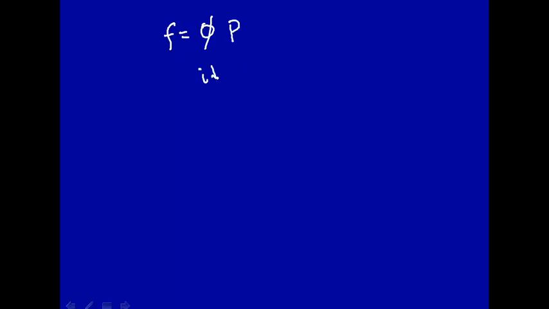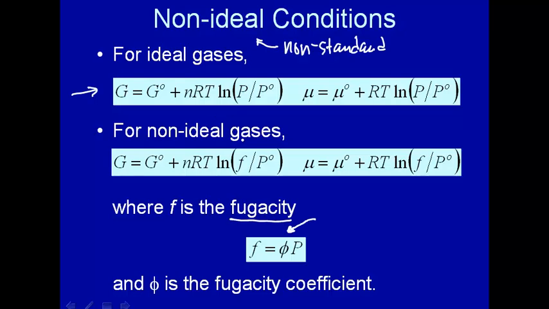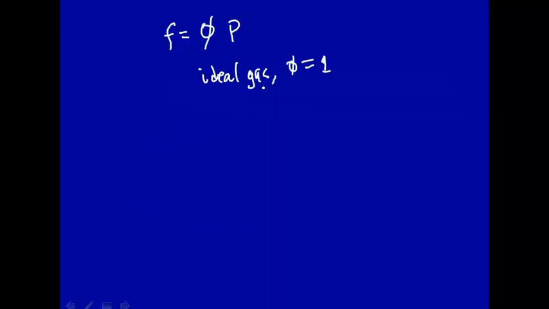Now for an ideal gas, of course, the fugacity coefficient will just be equal to 1, so that the pressure you plug in, or the fugacity you plug into those equations here, will just be the actual pressure you measure for the gas.